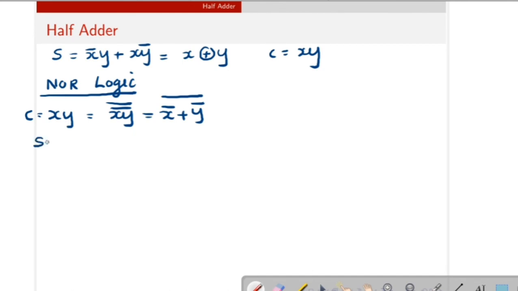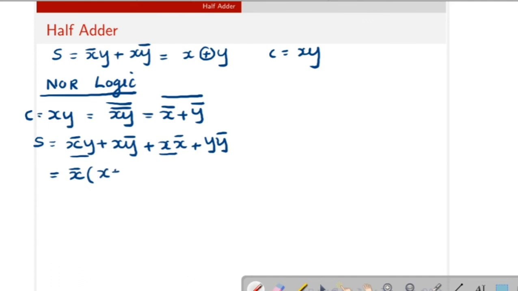Then the sum is equal to x bar y plus xy bar, which is x bar y plus x y bar. Apply distributive law for the first and third term, that is x bar into x plus y, plus y bar into x plus y.